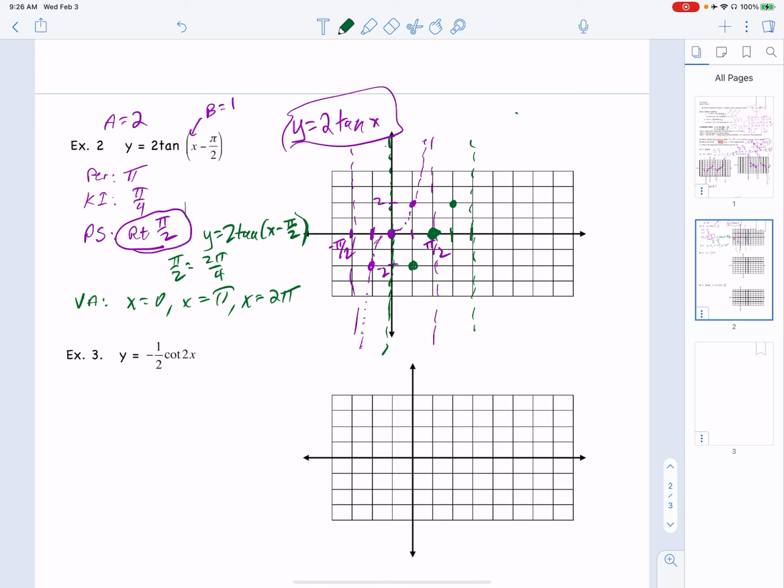To the left, I go a key increment, I'm going to be at negative 2. And there is 1 period of this tangent graph. But we're going to want you to go for 2 periods.